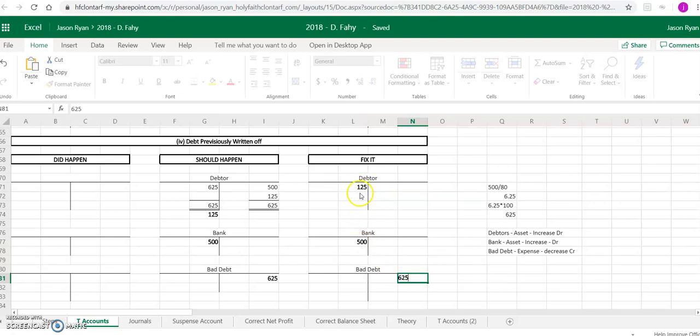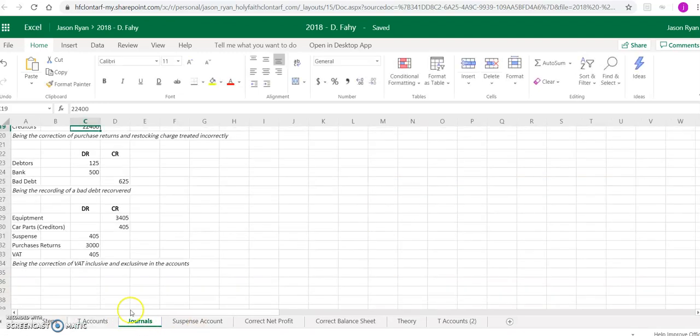So we've got 625 on the debit side and 625 on the credit side. Your journal: debtors debit 125, bank debit 500, bad debts credit 625. Being recording of a bad debt recovered.